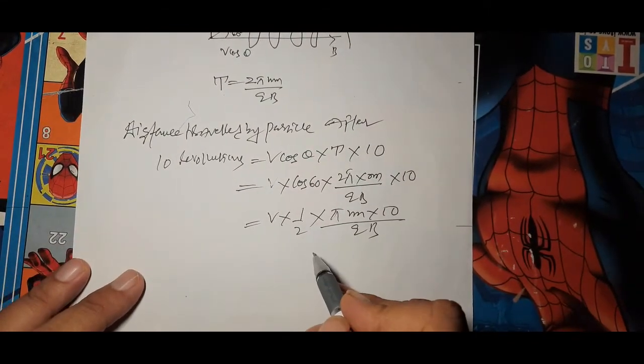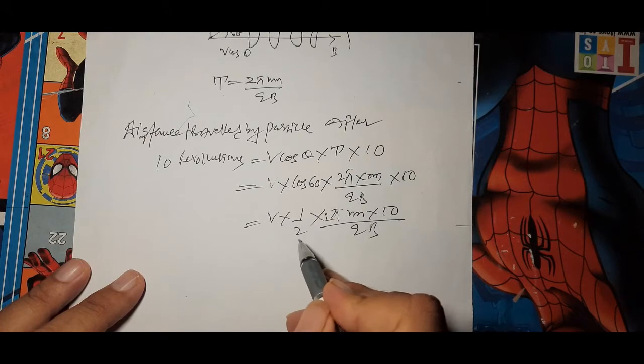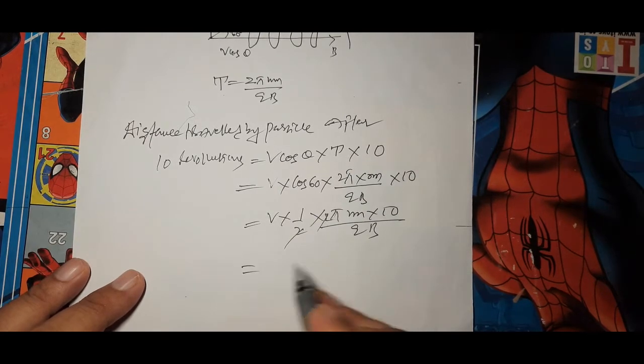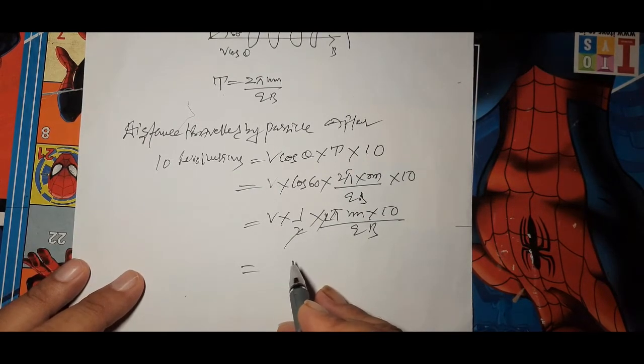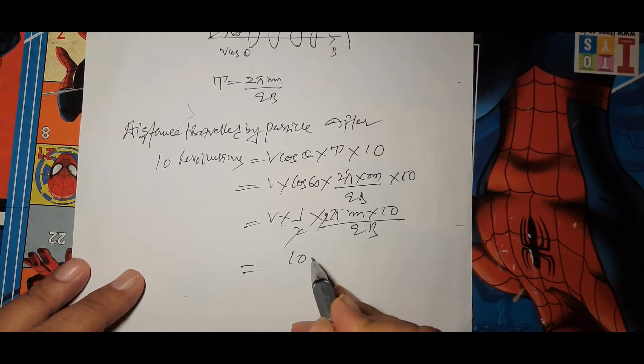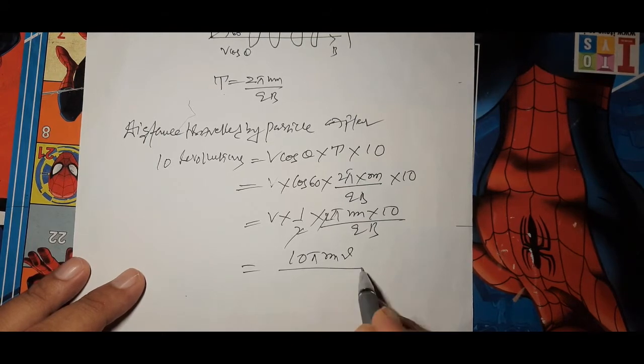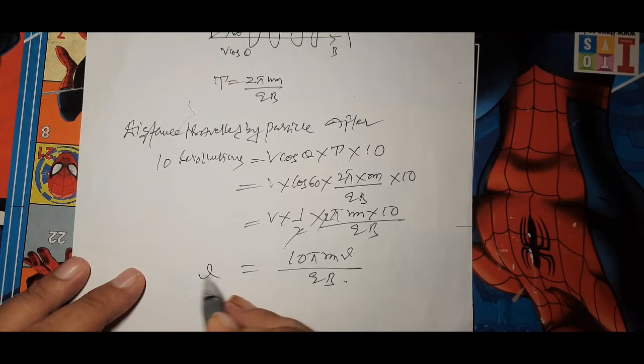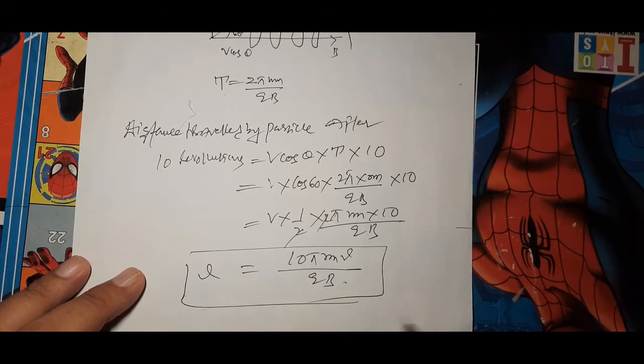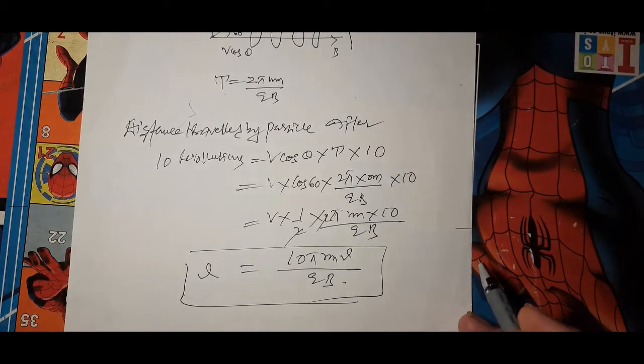Right, here 2 gets cancelled. What we get here? 10 pi mv by qB. This is the value of L.